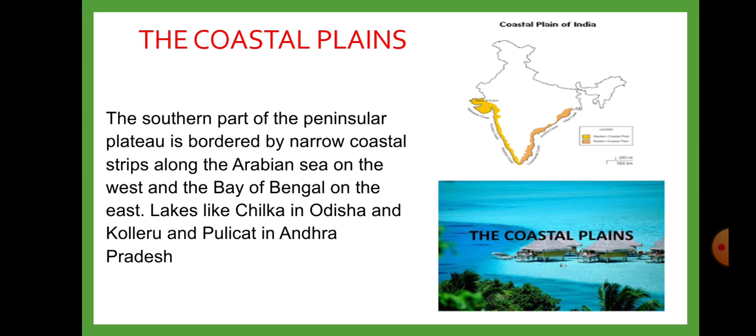The southern part of Peninsula Plateau is bordered by narrow coastal strip along the Arabian Sea on the west and the Bay of Bengal on the east. Lakes like Chilka in Odisha and Kolleru and Pulicat Lake in Andhra Pradesh.